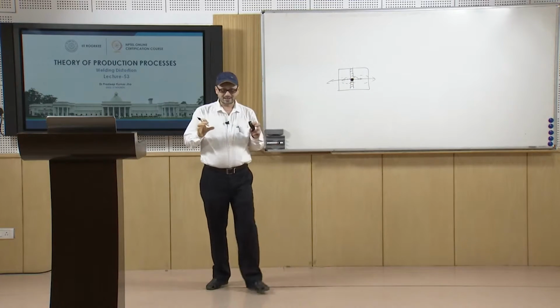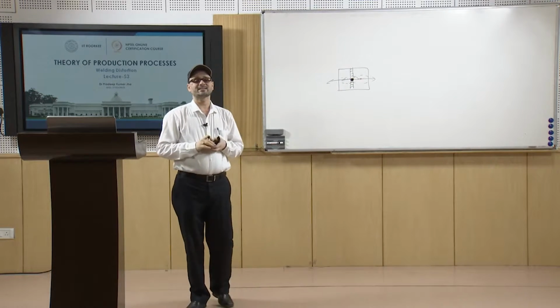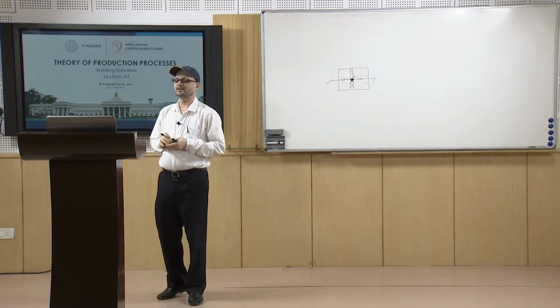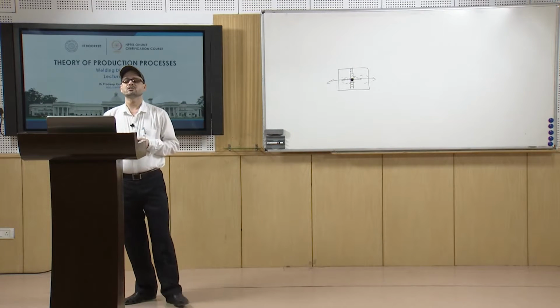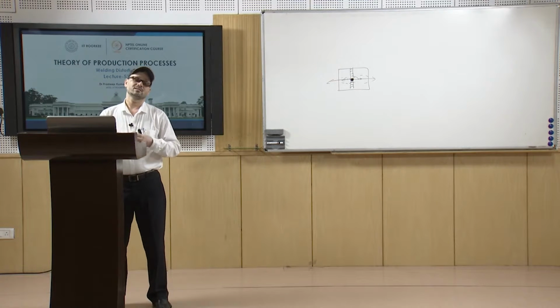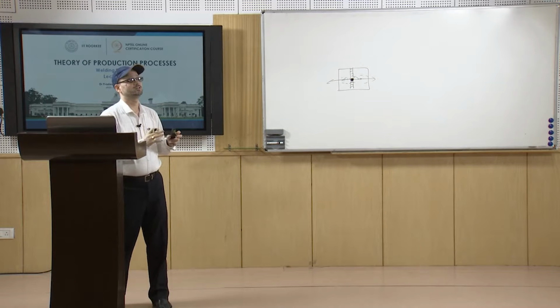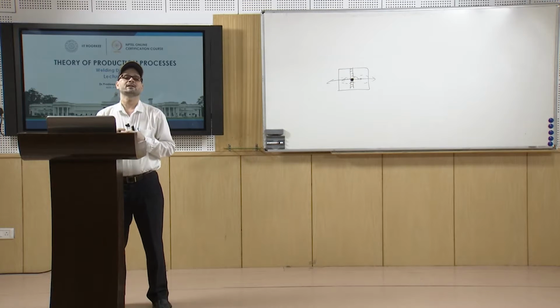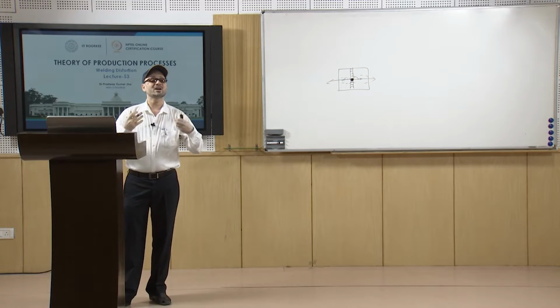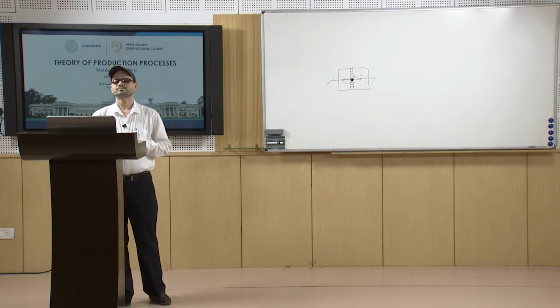Now, if that is there, in that case you will have more chances of distortion. So, for higher thermal conductivity, you will have lower distortion, and for lower conductivity you will have high thermal gradient and high chances of distortion.